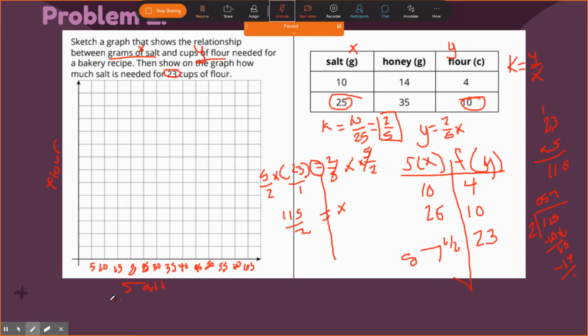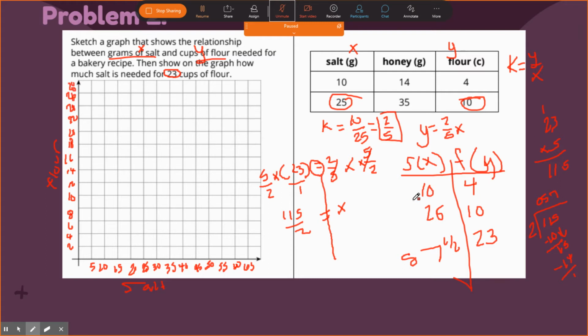Then on the sides here, I'm going to go up by 2s. 2, 4, 6, 8, 10, 12, 14, 16, 18, 20, 22, 24, 26, and 28.